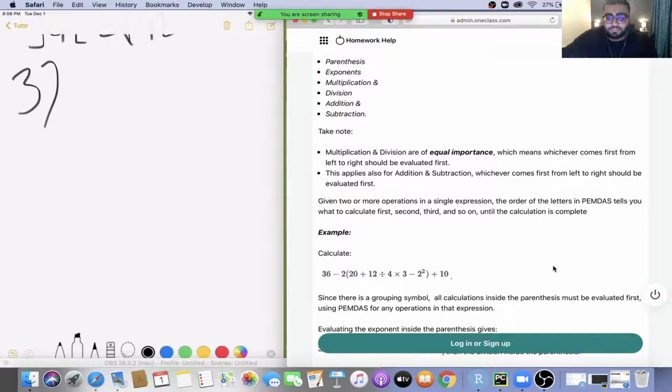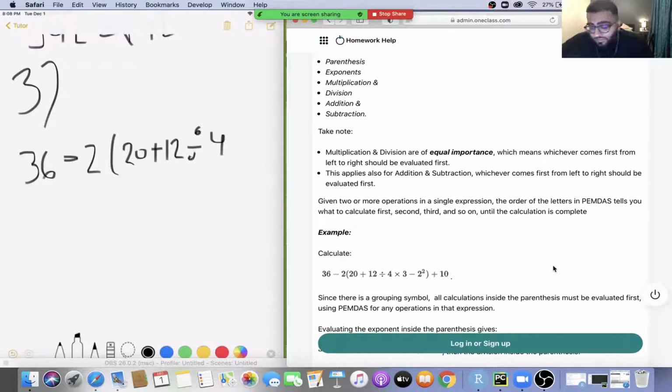So over here it's asking us to calculate 36 minus 2 times the bracket 20 plus 12 divided by 4 times 3 minus 2 squared, plus 10.